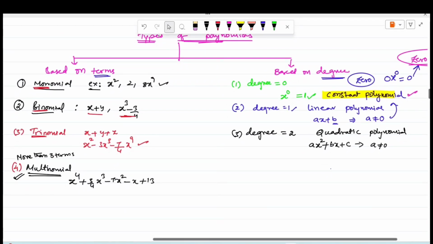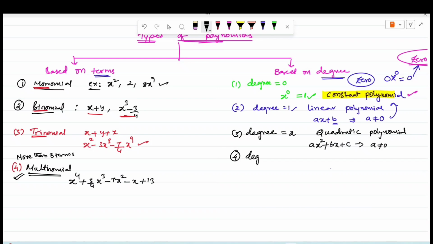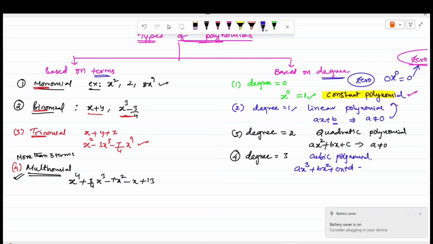So next, take the fourth one. The next one we can say is degree 3. If degree is 3, we call it a cubic polynomial. Example we can write as ax power 3 plus bx square plus cx plus d.